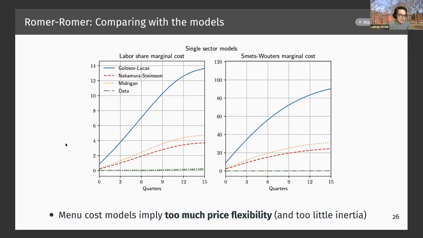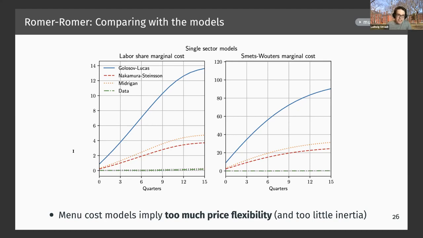This raises a question: how should we bridge this gap between models that we really like, because they match the micro behavior of prices very well, and the macro evidence on price responses to shocks and the inertia that we see at the macro level?